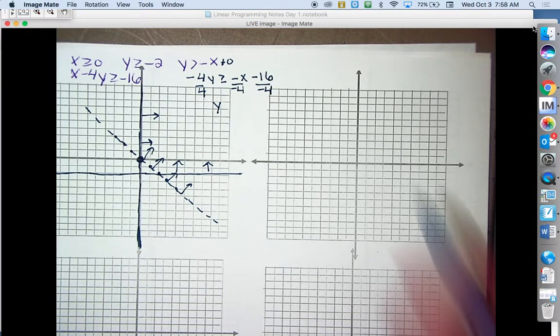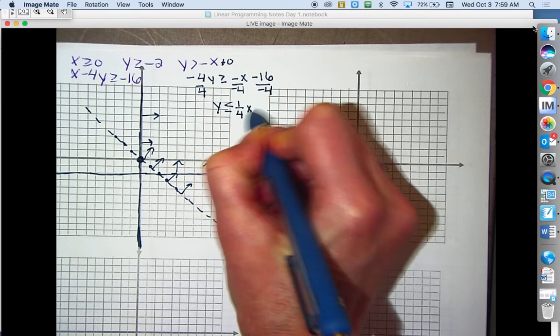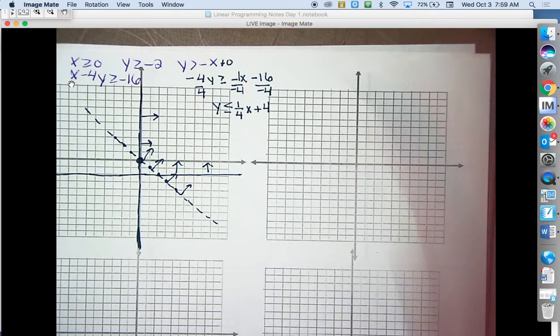Y is less than or equal to 1/4 x plus 4. Why'd you flip the sign? Divided by a negative number. Exactly. So the trick with number 6 here, when you're dividing by a negative, you have to flip the sign. The number that's with x, there's a negative 1 in front of the x on the top. You're dividing by negative 4. So pulling that apart gives us a positive 1/4 and then a positive 4.